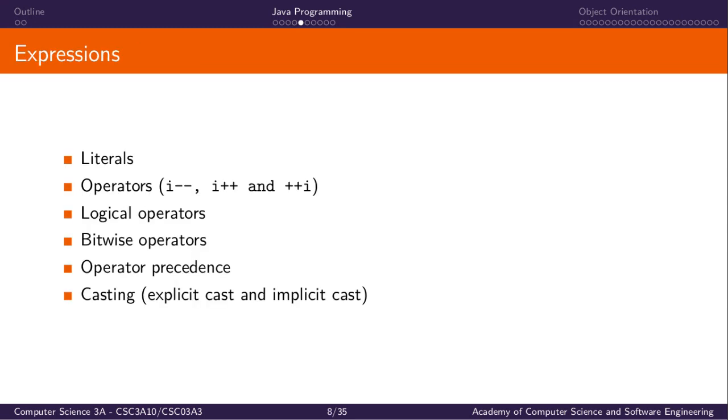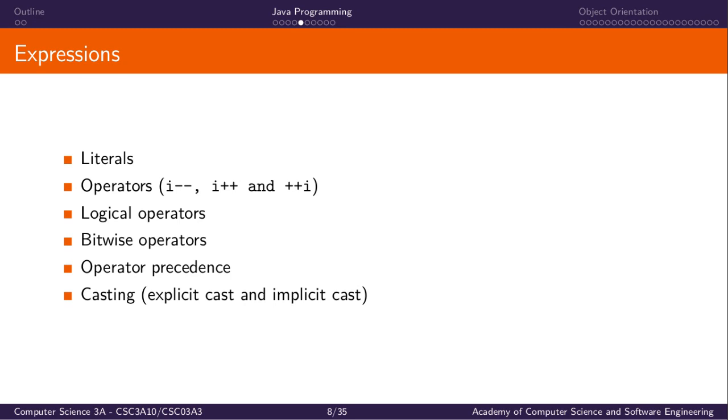So expressions, right? In Java, an expression is simply something that involves the use of literals, variables, and operations that allow us to calculate some values, and we'll usually assign the result of these expressions to some variable.